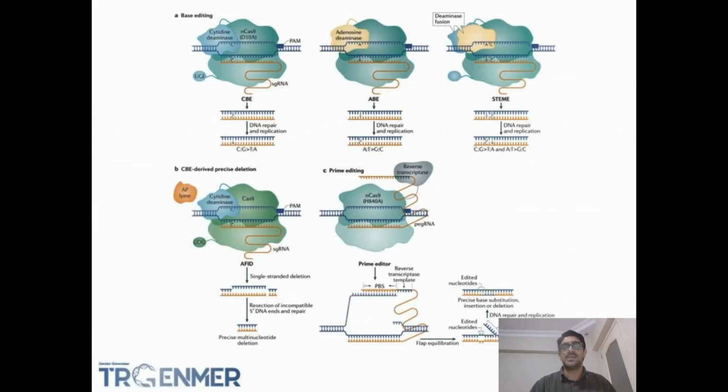And you can see here that not only can you change one nucleotide, but you can also combine the cytosine deaminase and the adenosine deaminase at the same time in one base editor system. In that case, not only can you change the cytosine to thymine, but you can at the same time change the adenine to guanine. These combinations can increase your mutagenesis, or you can increase your repairing capacity.